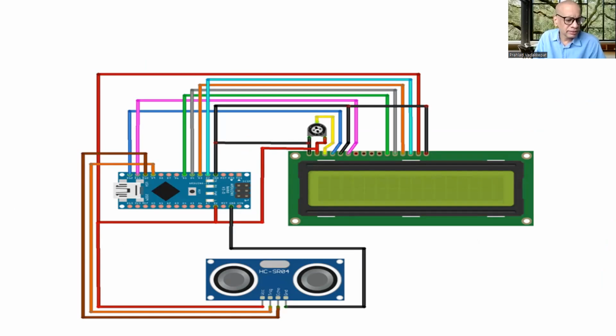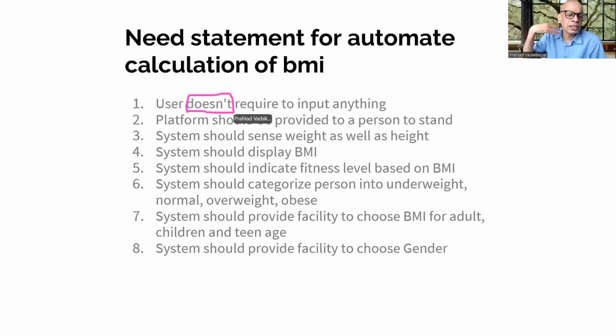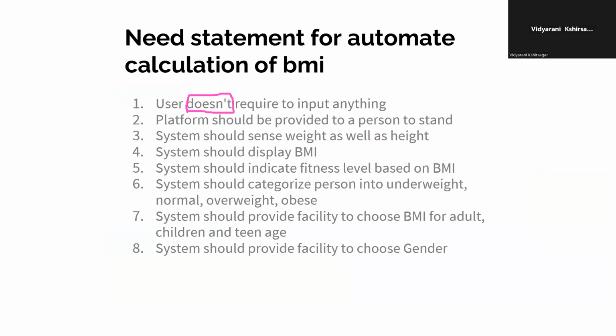Next one. Another group is having statements here. I think maybe one way is instead of using "doesn't", we can put it in a positive way. And "should", we can avoid.